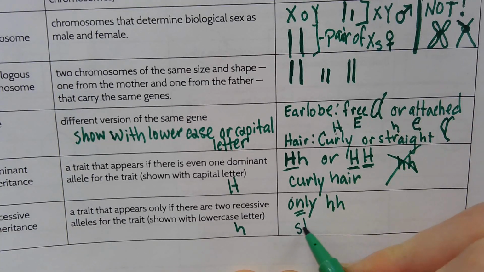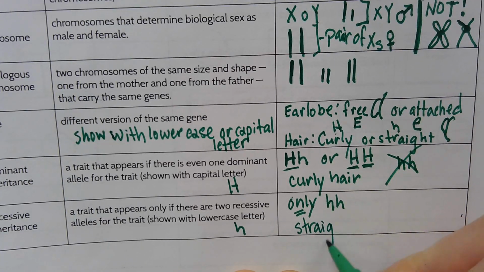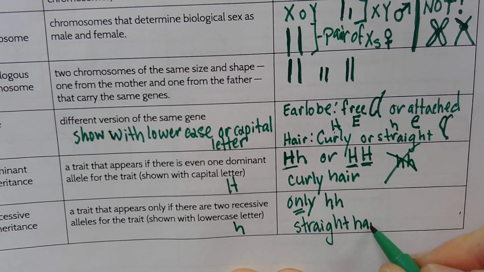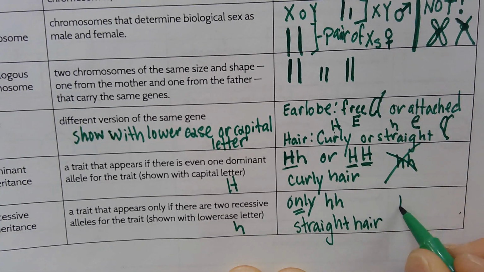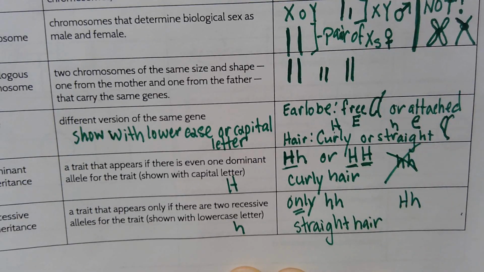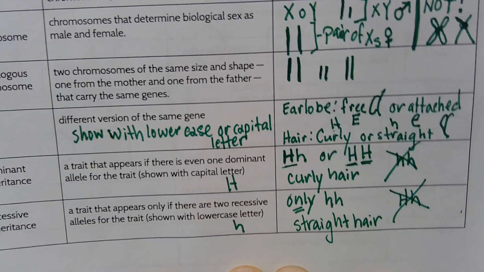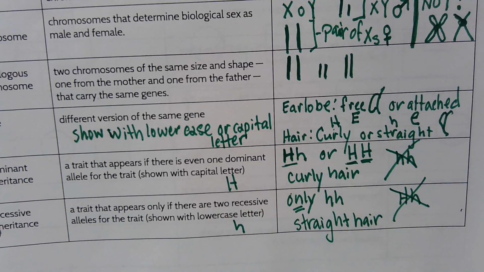And that gives us the straight hair, as Mr. Burns just showed us on the board. What that means is even if there's a lowercase h in there, if there's a capital H, it's not going to show. It's going to be curly.